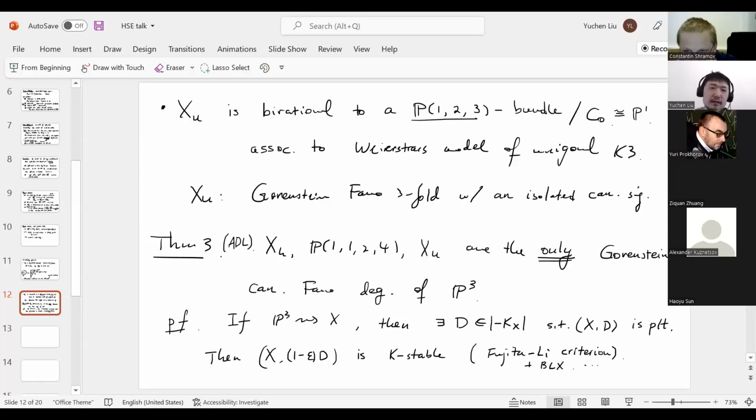So you can show that whenever you have a PLT pair, I guess starting from dimension 2, dimension 1 is perhaps false, whenever you have a PLT log Fano pair, and then you shrink a little bit the coefficient, you get something K-stable. So therefore, these (X, D) appear in the moduli space.